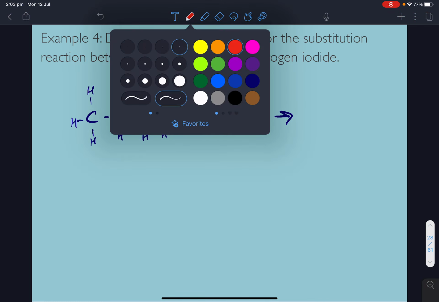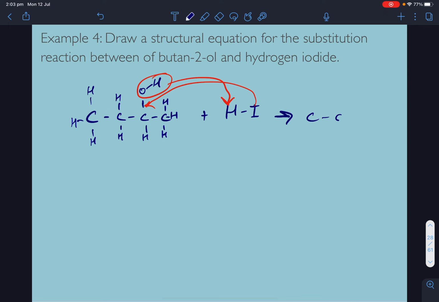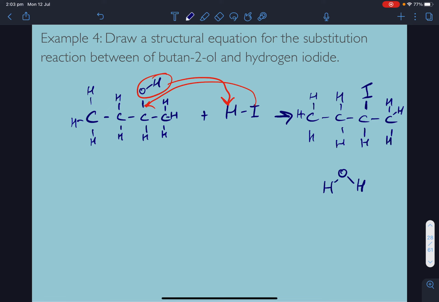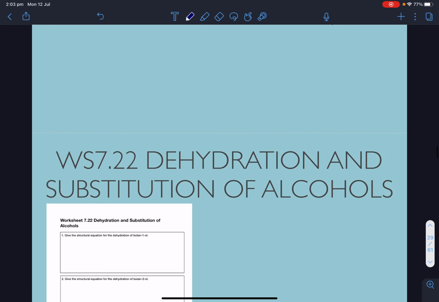So same backbone, 1, 2, 3, 4. We now need an iodine here, everything else remains the same. And our byproduct is water, the H with the OH. So we've got 2-iodobutane. We don't need a catalyst for a substitution.